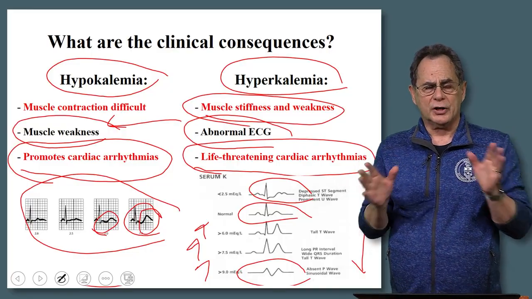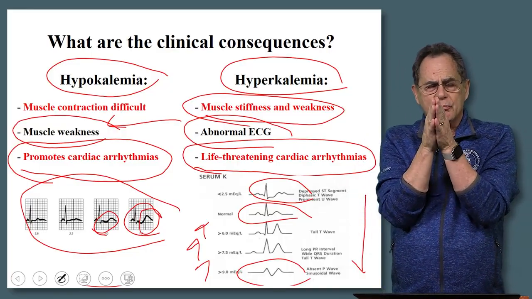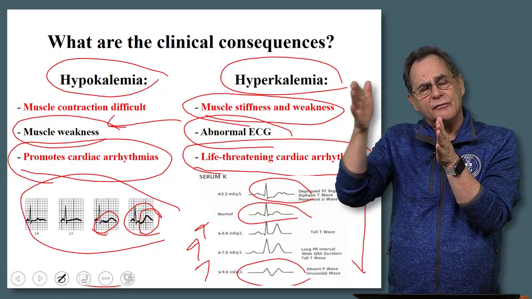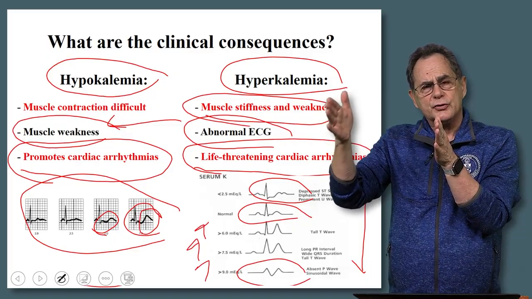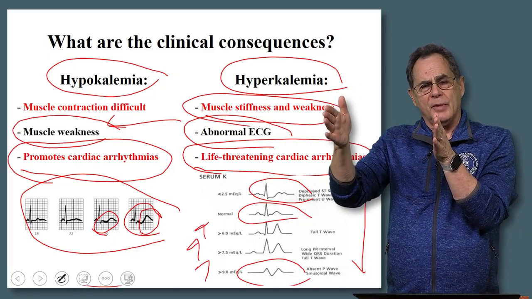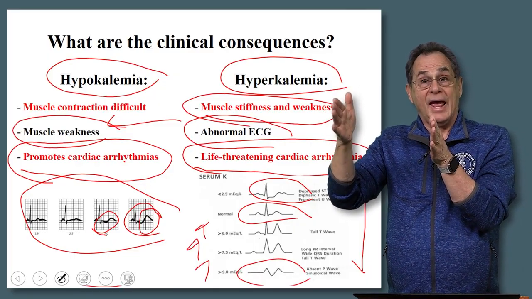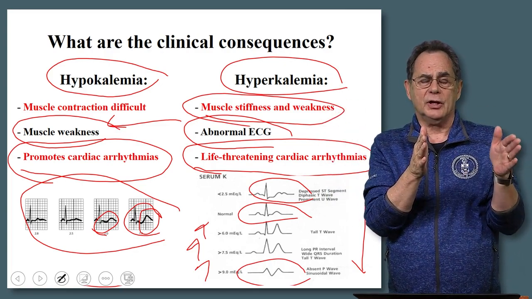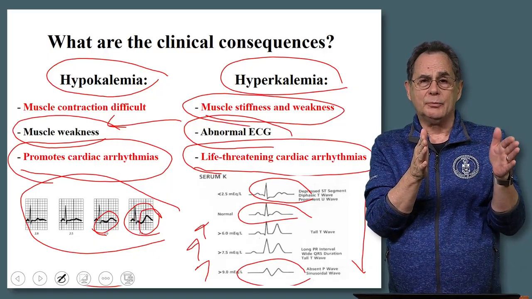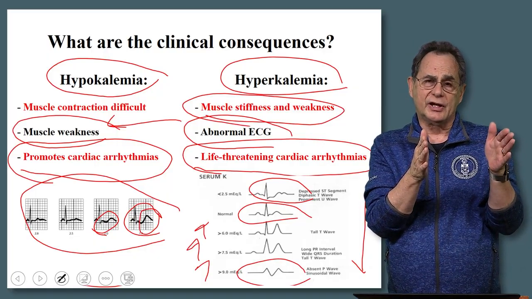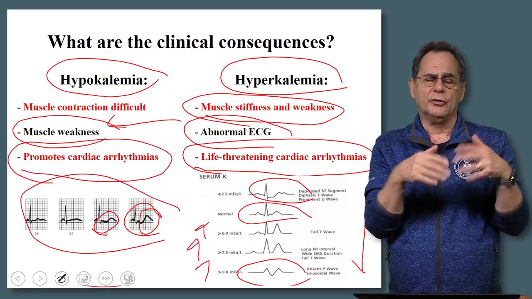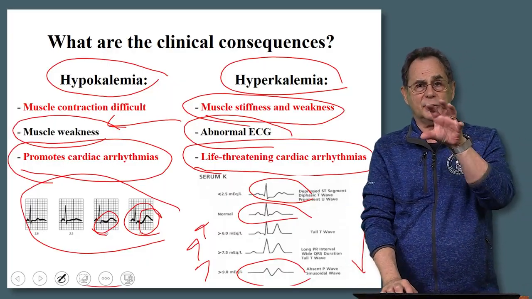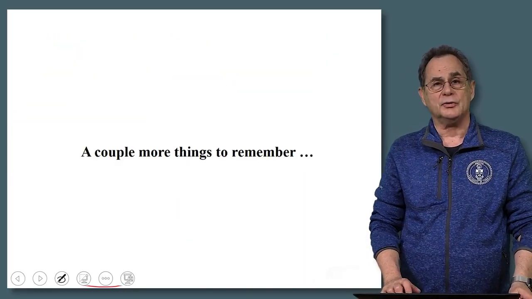So one of the interesting things about the importance of maintaining potassium within a normal range is that to have it too high is to influence the electrical potential across cell membranes and to make them inert and stiff. To have low potassium is to make them weak, unable to generate a contraction, and to cause EKG changes that promote the development of arrhythmias. Clearly, of course, maintaining that potassium within a normal range becomes important.